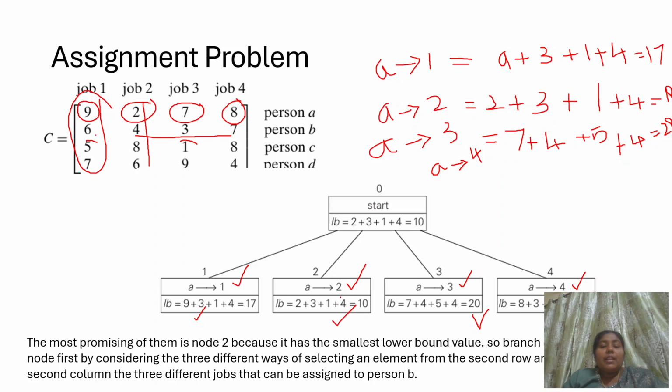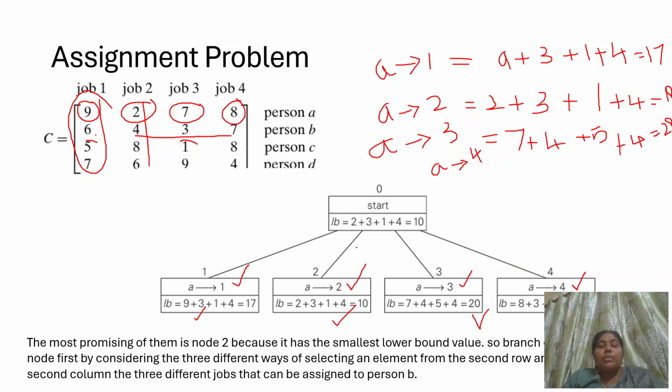So we are just having 4 different options now. A is assigned to the first job, A is assigned to the second job, A is assigned to the third job, and A is assigned to the fourth job. So bounding function, for the first one it is 17, for the second one it is 10, for the third one it is 20, and for the fourth one it is 18.